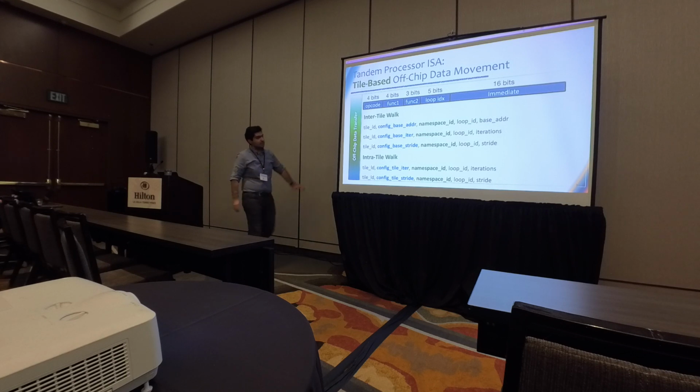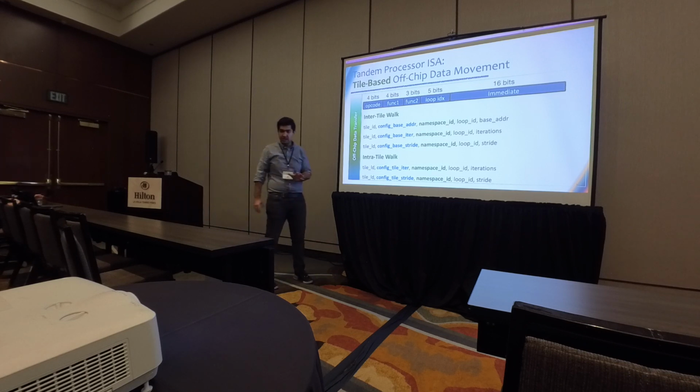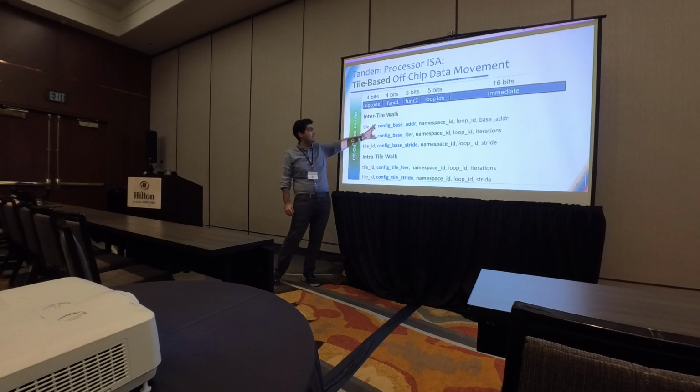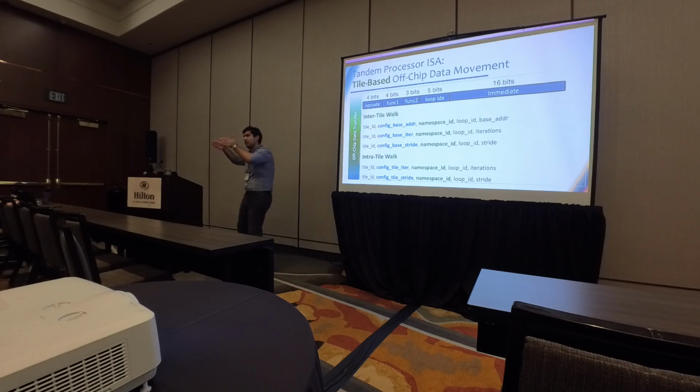And finally, these are the instructions that we use to program the data access engine to get the data from off-chip memory and store the data from the on-chip memory, from intermediate buffers, to the DDR memory. There are two classes of instructions here. We have some instructions to handle inter-tile walk, because you are bringing the data in tiles.